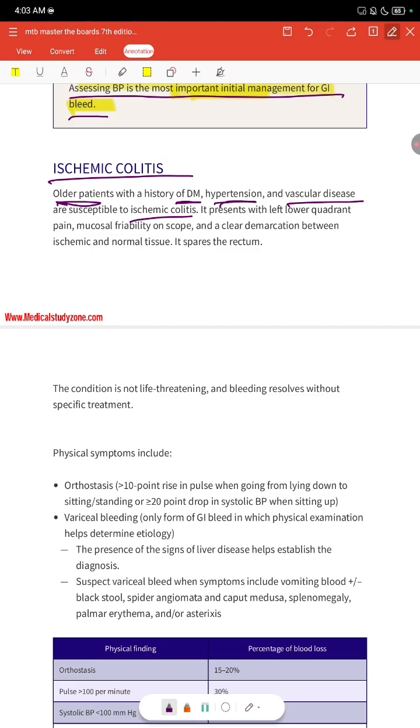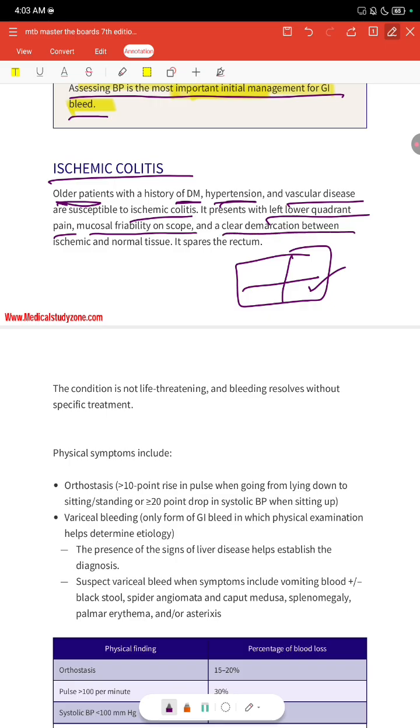It presents with left lower quadrant pain, mucosal friability on scope, and a clear demarcation between ischemic and normal tissue. So it will be clearly demarcated on endoscopy, and there will be mucosal friability on endoscopy, and the pain is there in the left lower quadrant.